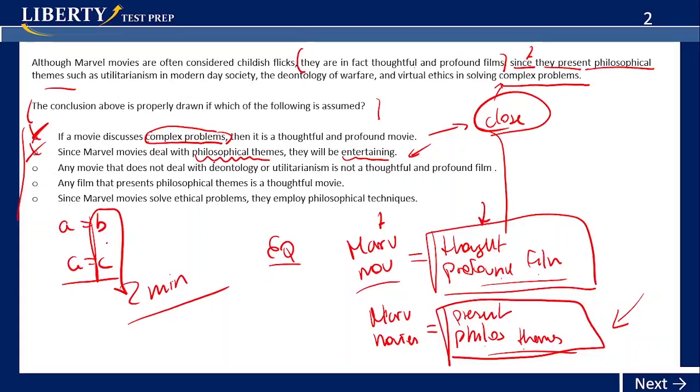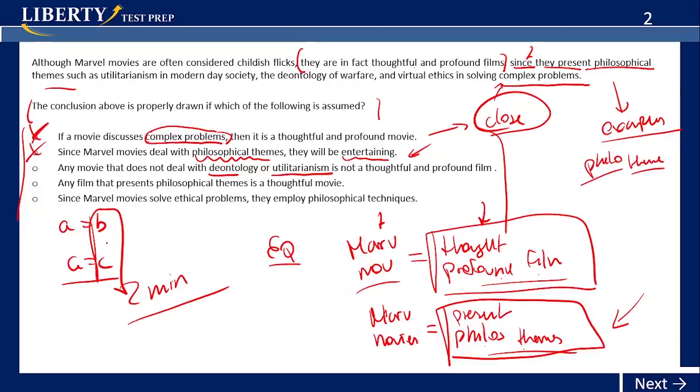Letter C. Any movie that doesn't deal with ontology or utilitarianism is not a thoughtful and profound film. This one contains a logical flaw. Why? Because ontology and utilitarianism were given as examples of philosophical themes. But an example is just that, an example.